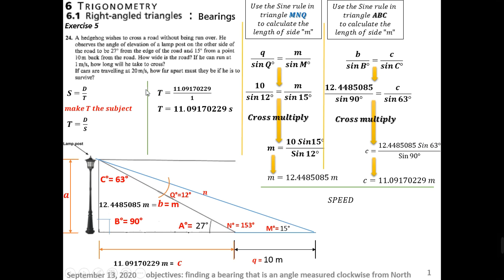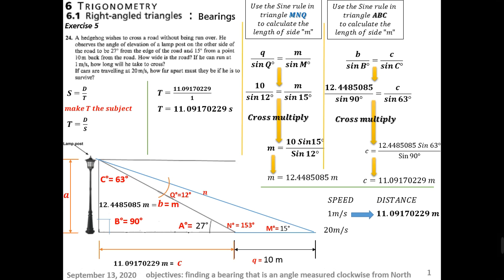So, we have the speed, and we figured out the distance between the two roads. So, we have the distance as well, okay? And now he's asking how far apart must they be, okay? So when the speed was 1 meter per second, the given distance is 11.1.